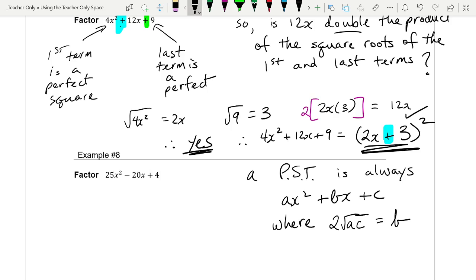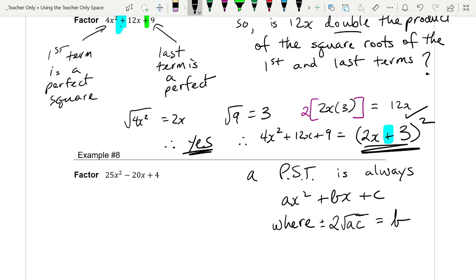Yes. 5 times 5, 2 times 2. If I took 5 and 2 and I doubled it, do I get 20? Yes. I guess the fact that it's negative 20 means that I should put plus or minus here. It could be a plus or a minus.